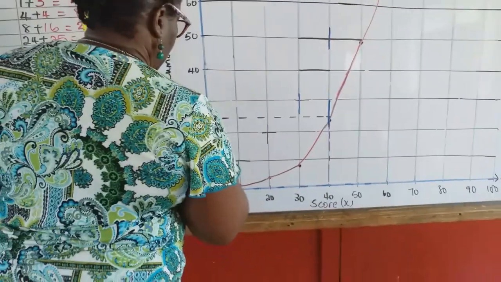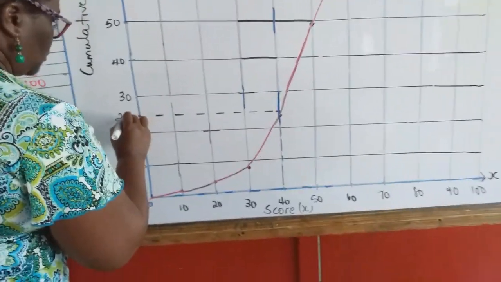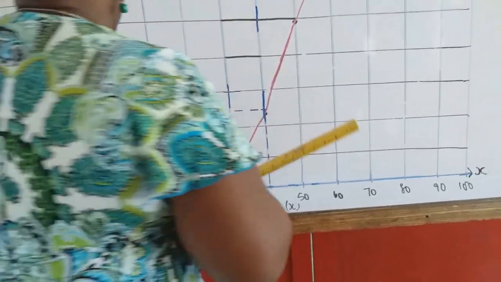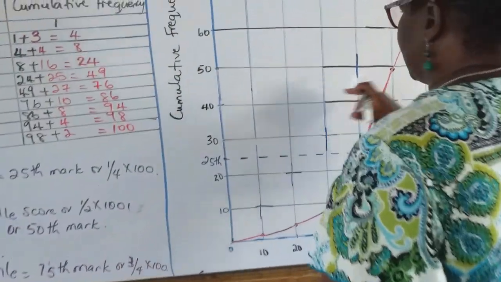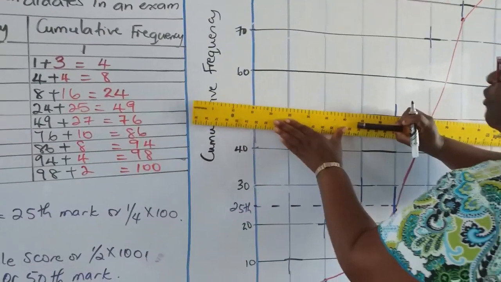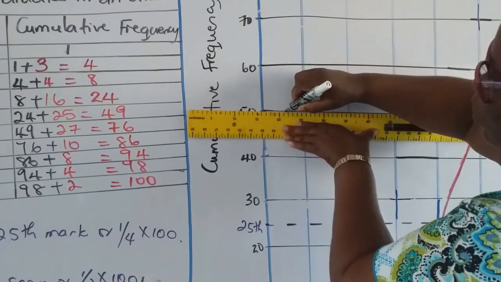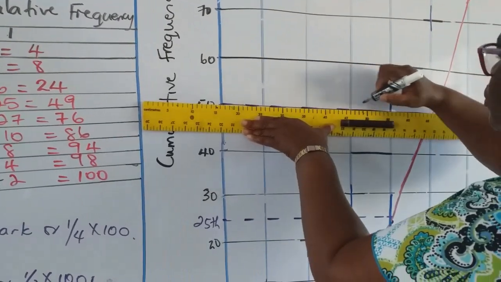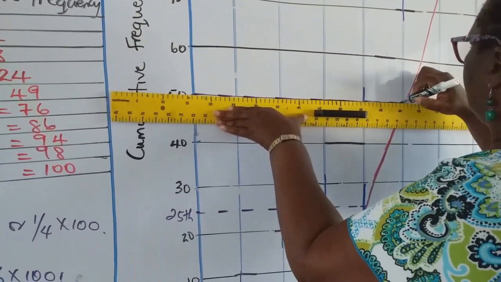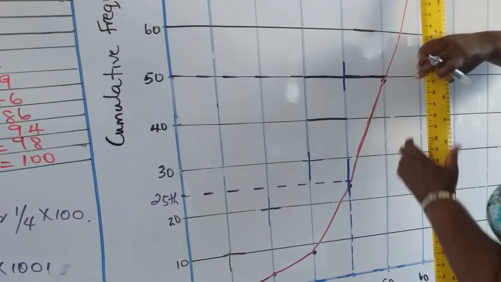Then we go to the median, which is the 50th mark. We draw broken lines also to touch the curve, and then we come down.